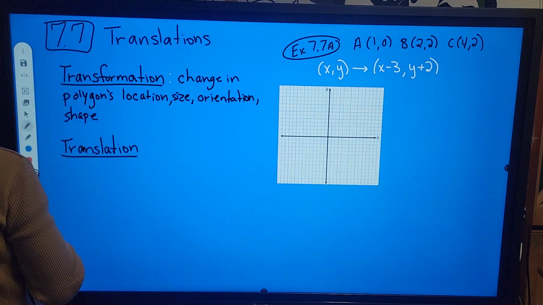I think those are all the ones they have. Okay, yeah, size and shape.